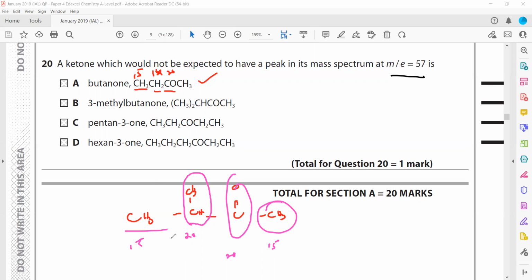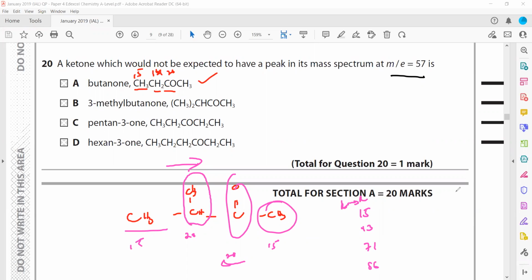So basically, when we are finding a peak, we will read from left to right and right to left. So we'll get a peak at 15, and 15 plus 28, so we'll get a peak at 43, if I'm reading from left to right. Then 43 plus 28, so it will be 71, and 71 plus 15, so we'll get a peak at 86.